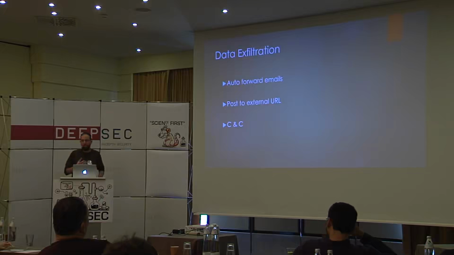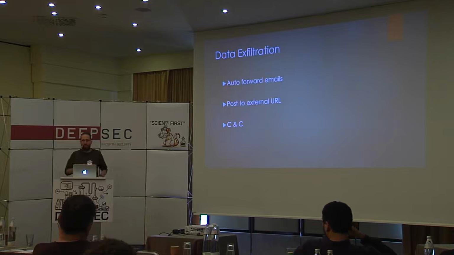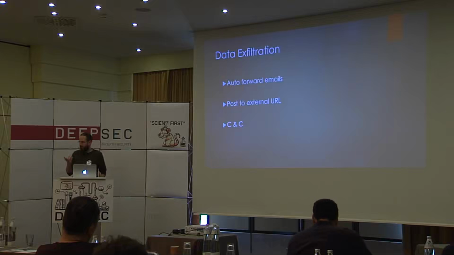If you think about some malicious use cases, you can auto-forward emails, right? Not exactly a straightforward solution, because if I write the Gmail code that we saw at the beginning and start searching for emails, I can't really transmit them outside of the organization or outside of the script without more capability.